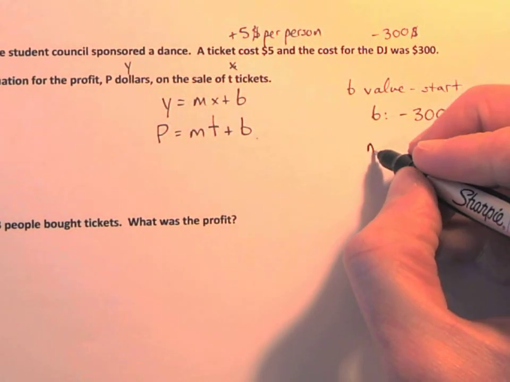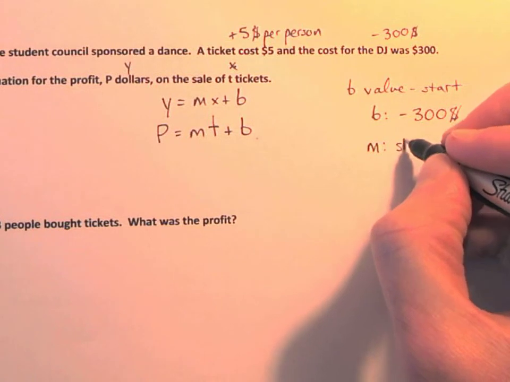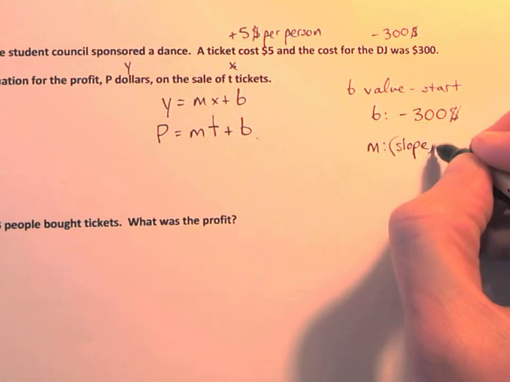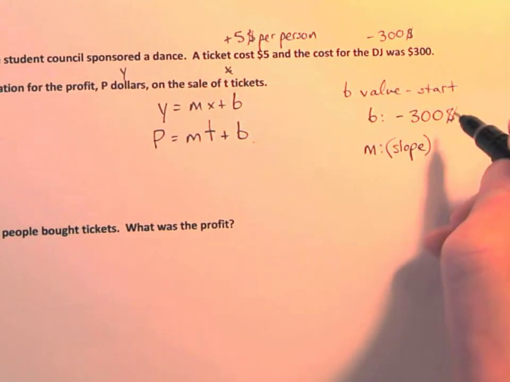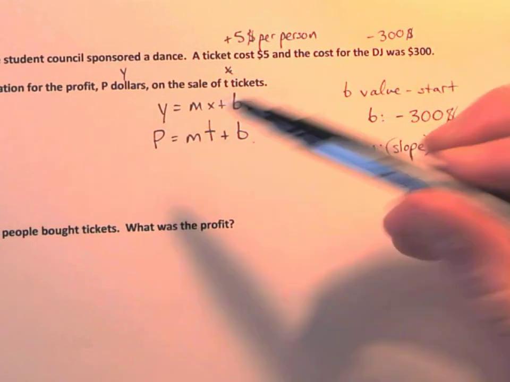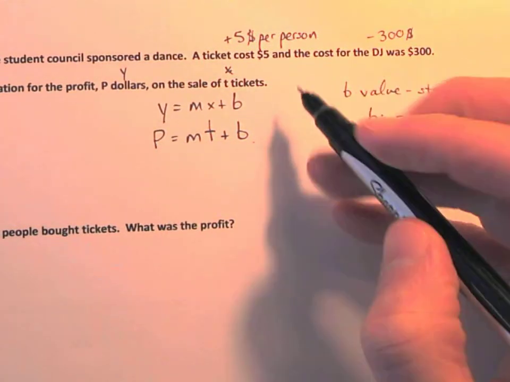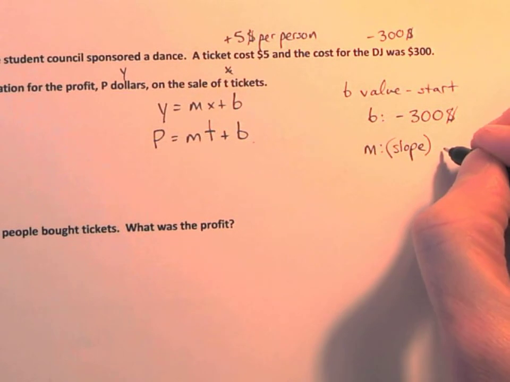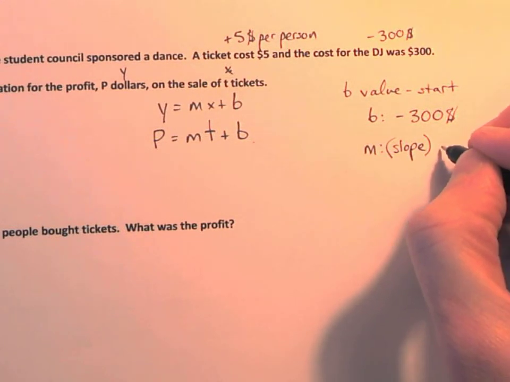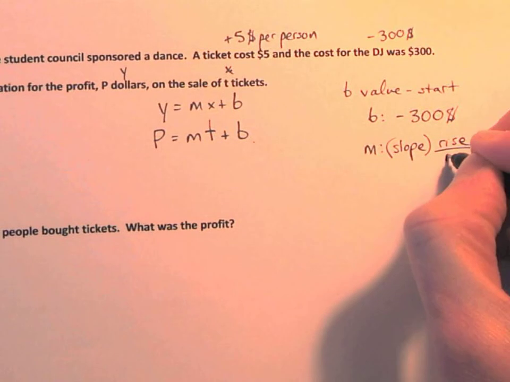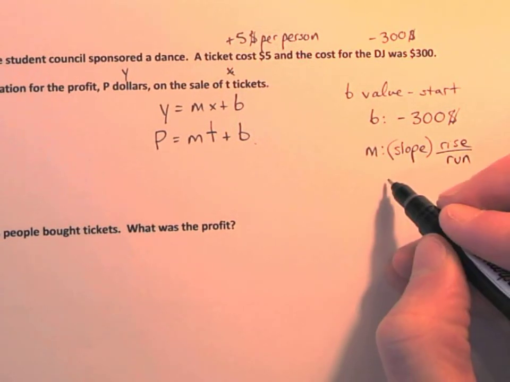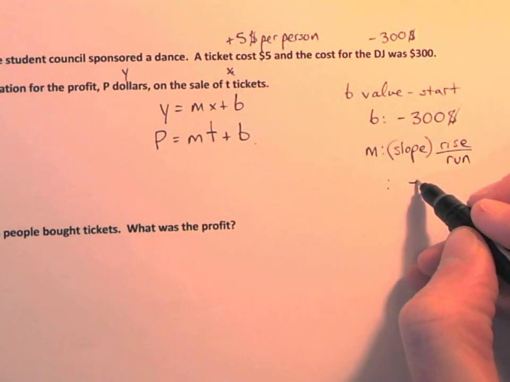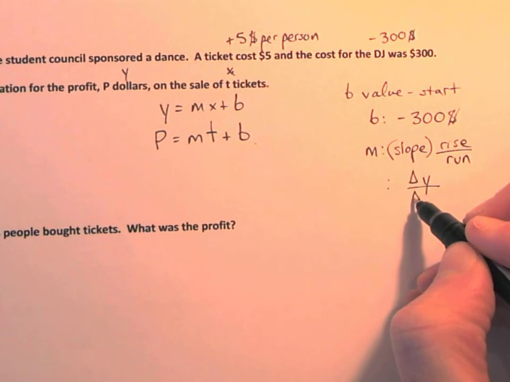So we know m, which is slope, is increase in profit over increase in number of tickets. Okay, so here our slope, which is rise over run, or also change in y over change in x.